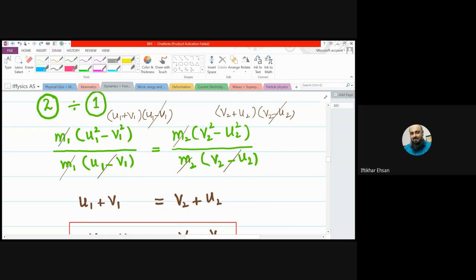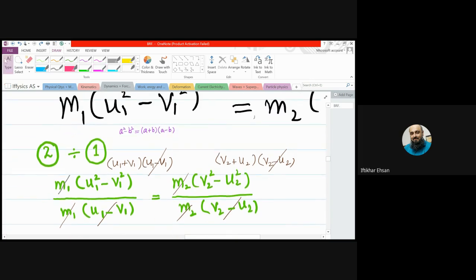Similarly, two squares subtracting, v2 square minus u2 square, can be simplified: once we add and then we subtract, v2 plus u2 times v2 minus u2. We are factorizing with the same formula we used here. Right, Beta ji? Clear, Hassan?